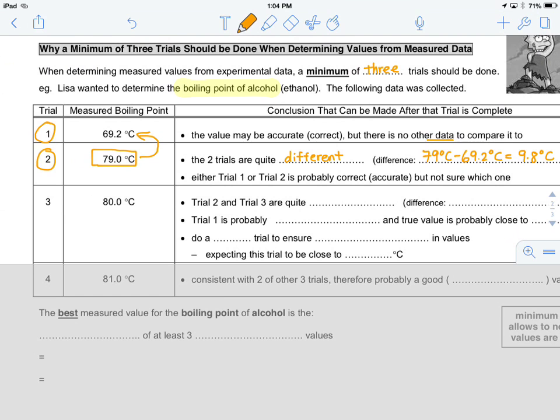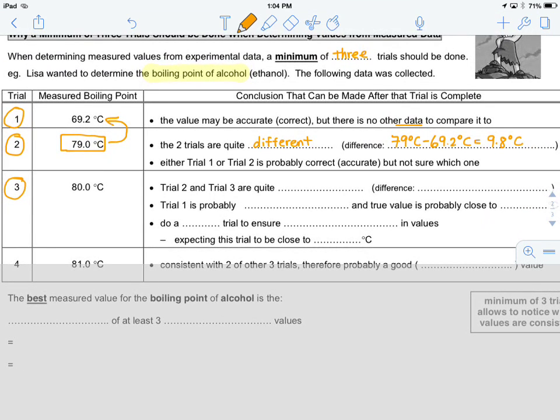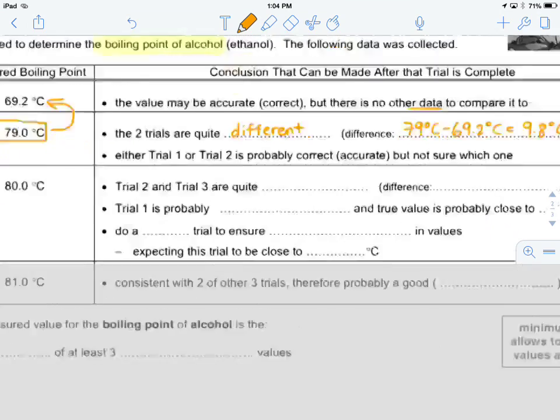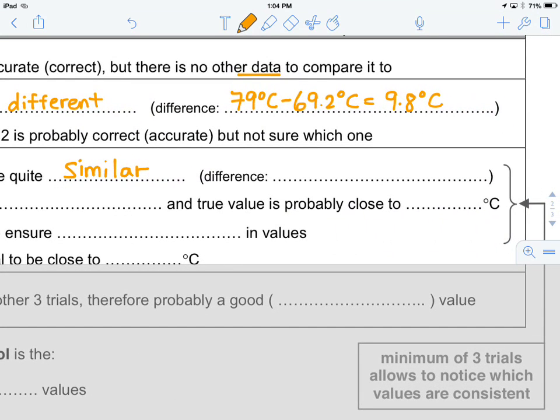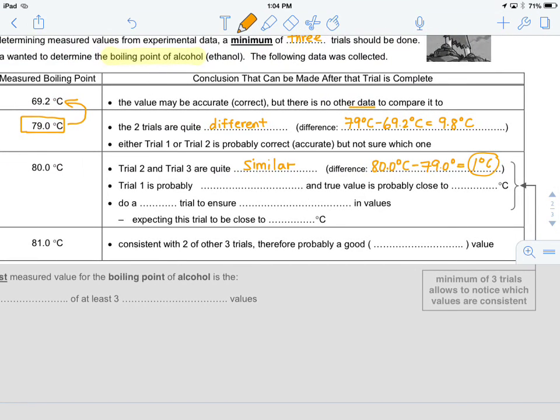So we do a third trial, you'll see here. And of course we get a boiling point of 80 degrees Celsius. So now we can conclude that trial 2 and trial 3 are quite similar. The difference between these two is 80.0 minus 79.0, and that's equal to 1 degree Celsius, which is much better than 9.8 degrees Celsius.